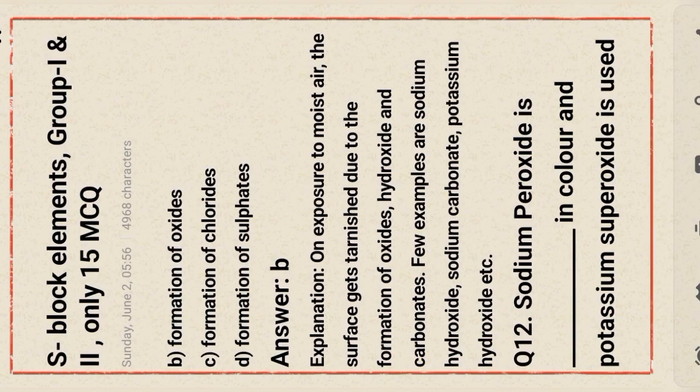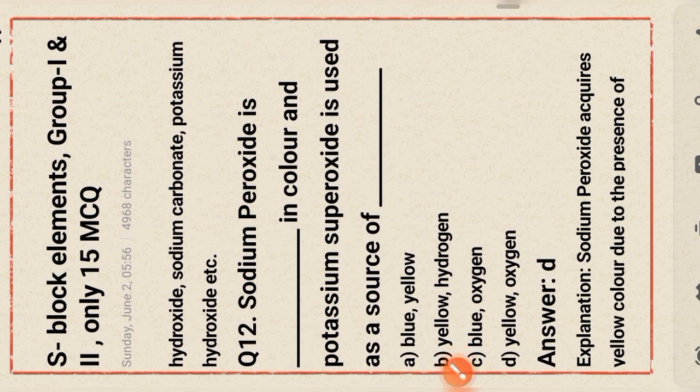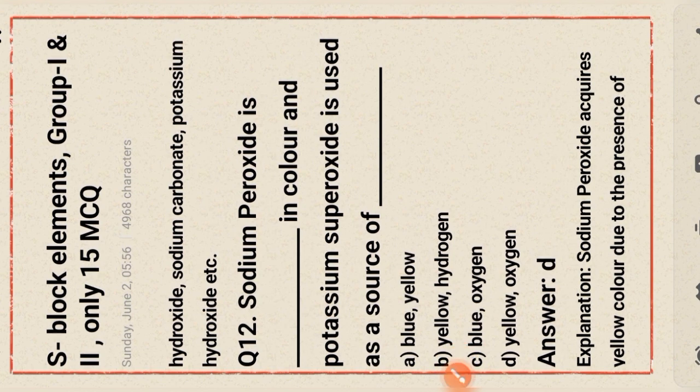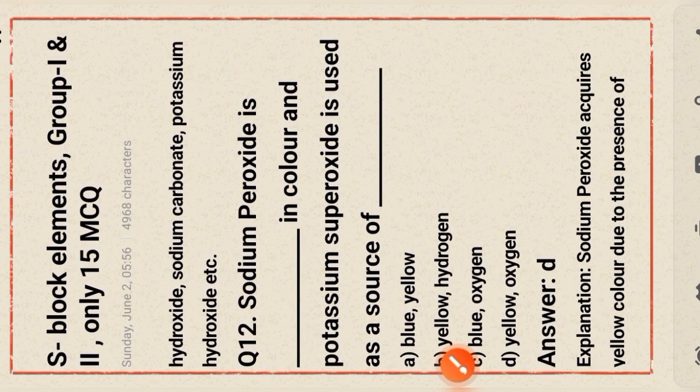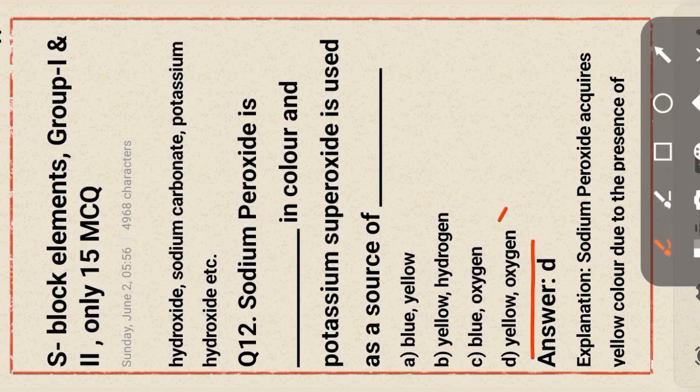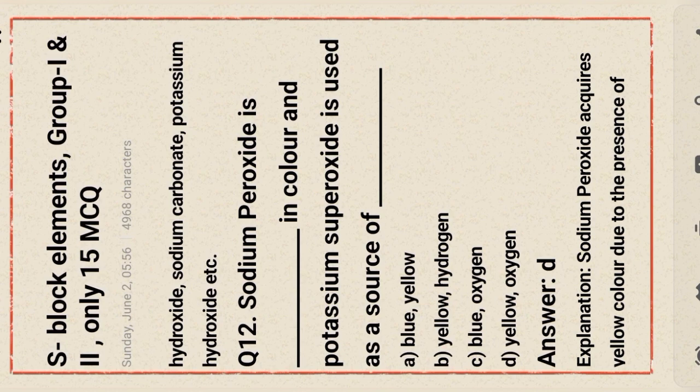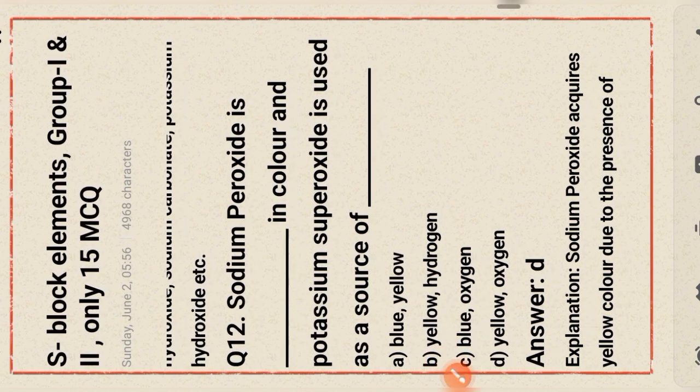Okay, next question, question number 12. Sodium peroxide is dash in color and potassium superoxide is used as the source of dash. That is option D, yellow and oxygen. Sodium peroxide is yellow in color, and potassium superoxide is used as a source of oxygen, used in submarines.